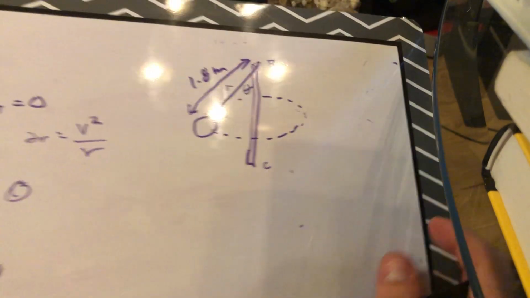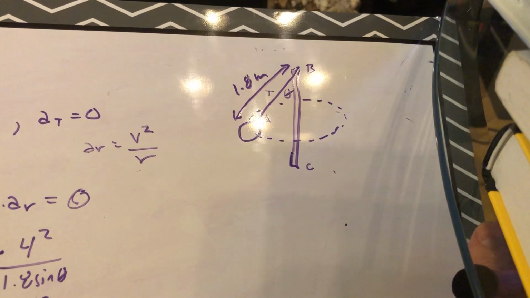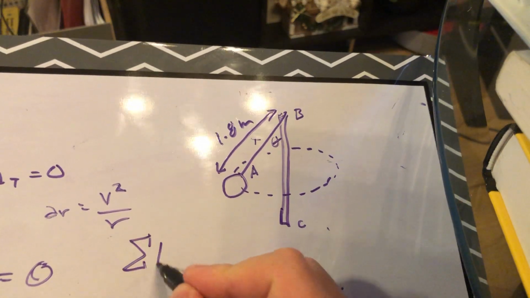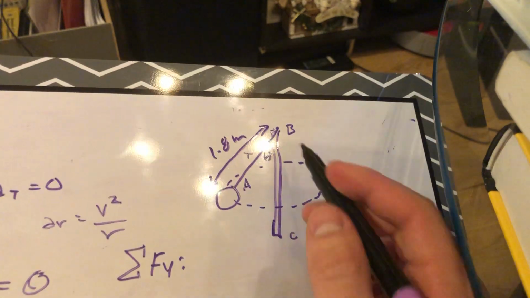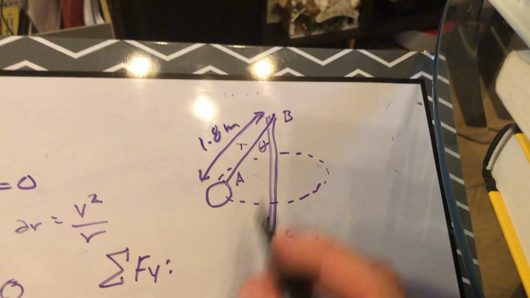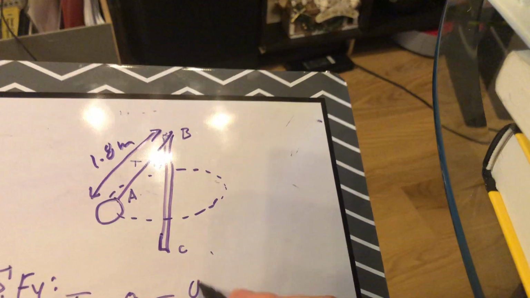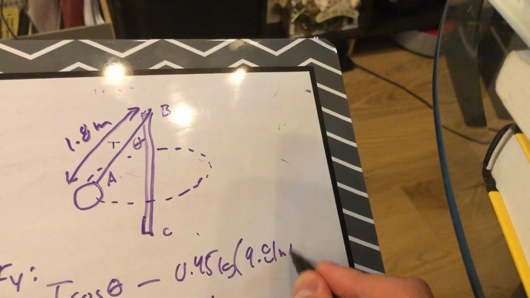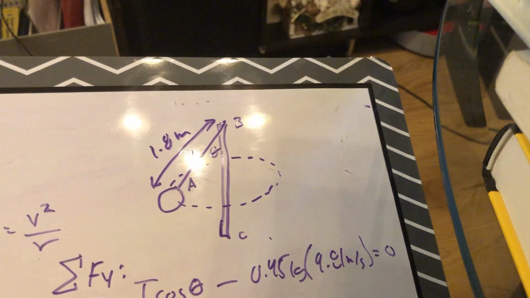So now let's go over here. What we can do is the sum of the forces in the y direction. And what we're going to have is T cosine theta, the tension in the y component, minus 0.45 kg times 9.81 meters per second squared, because that's our acceleration due to gravity.